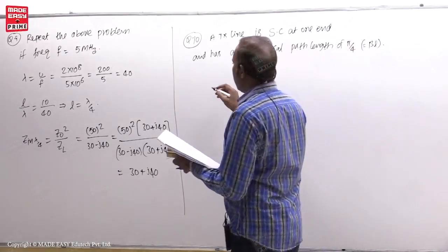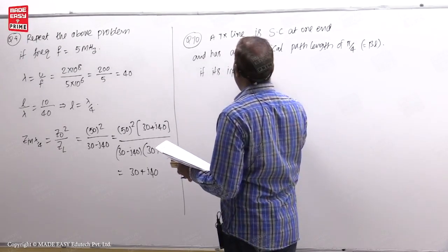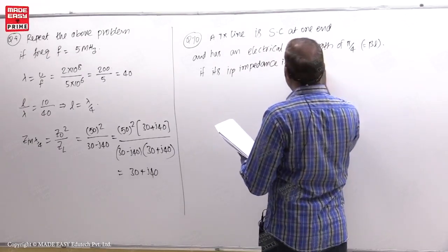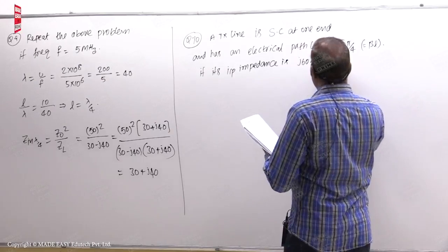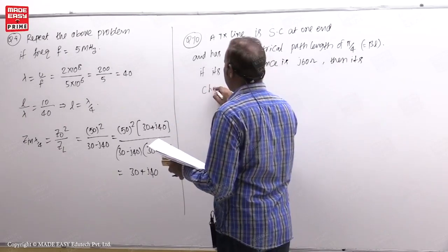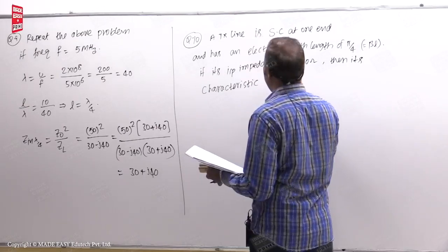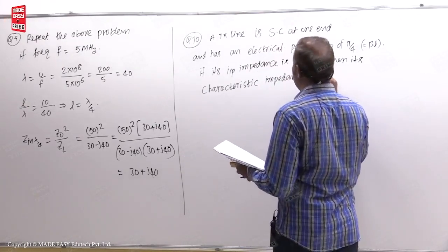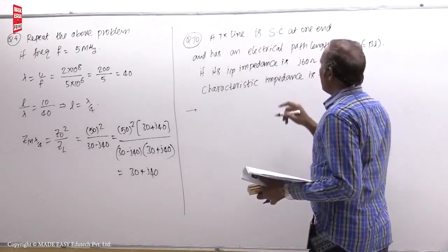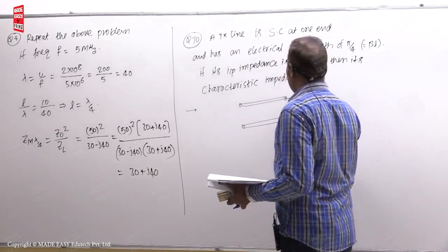If its input impedance is J60 ohm, then its characteristic impedance is? That means you have to find Z0, dear students. A transmission line is short circuited at one end. Okay, this is the transmission line.